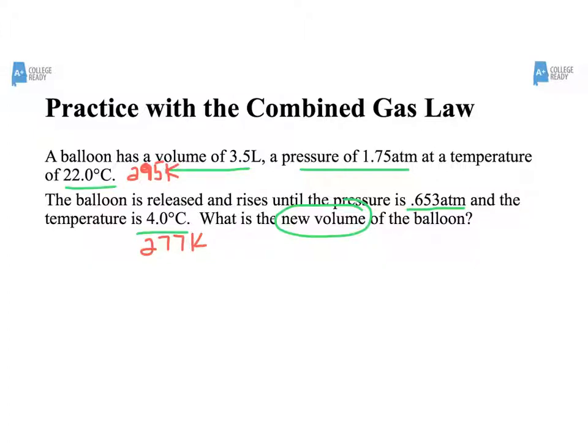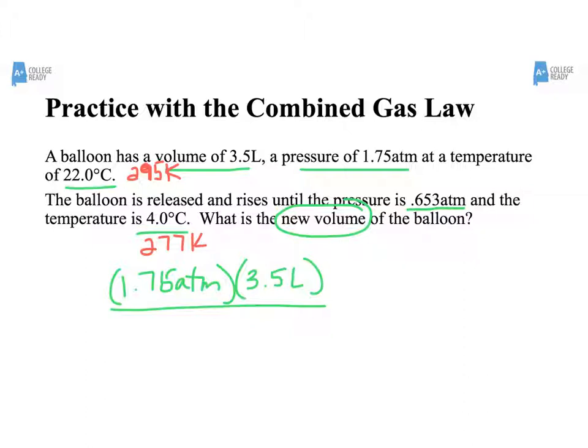All right, now let's set up our problem. So to start off with, what is our initial pressure? It's 1.75 ATM. And then our initial volume is 3.5 liters.